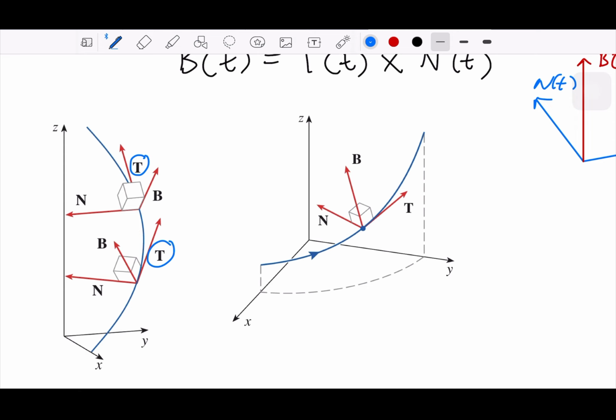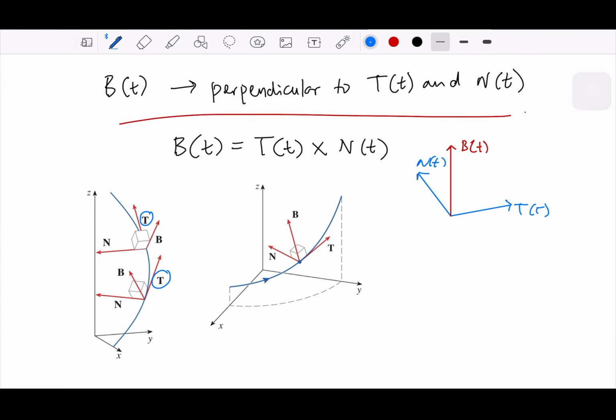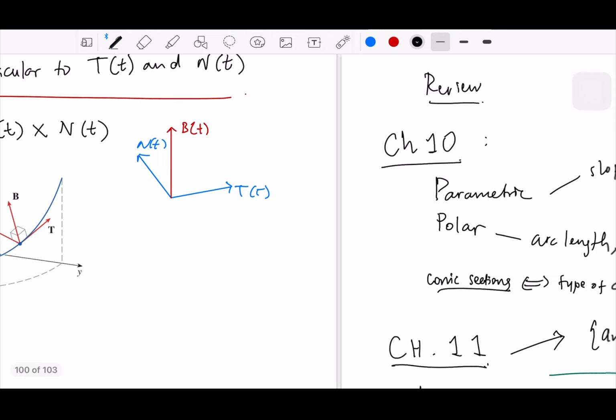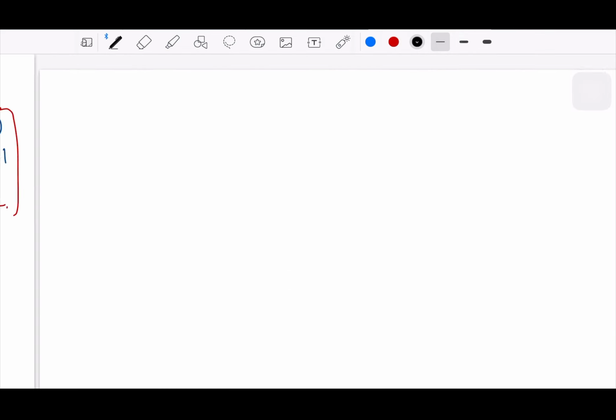So T will be very important. Let me go through the example.